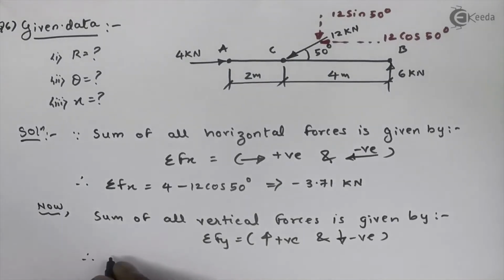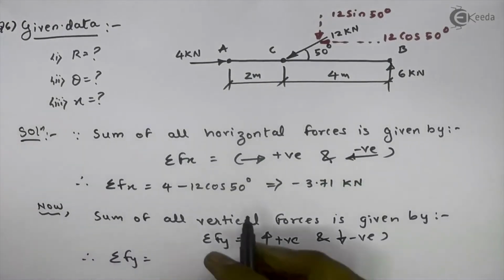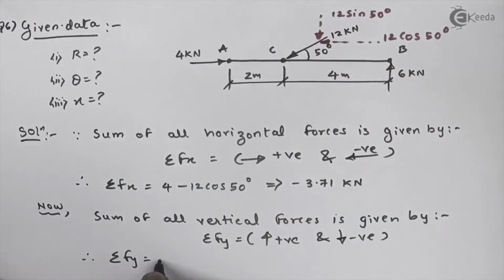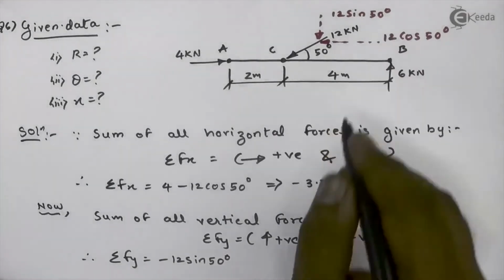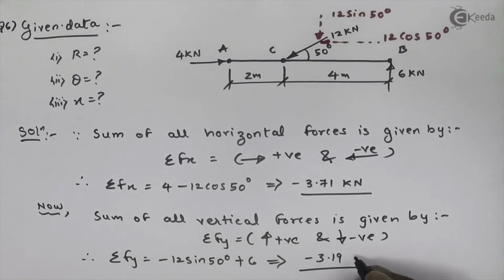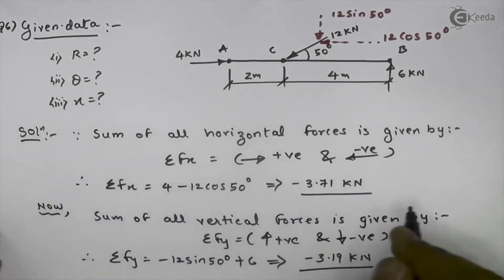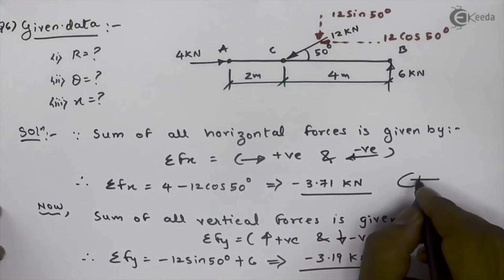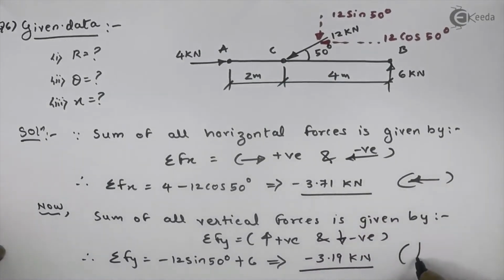So summation of Fy will be: I have 12 sin 50 downward, so minus 12 sin 50. 6 kilonewton is upward, so plus 6. With this, my answer of summation Fy is minus 3.19 kilonewton. Fx was negative, means towards left. Fy is negative, it means it is in the downward direction. Once I have Fx and Fy, I can easily calculate the resultant.